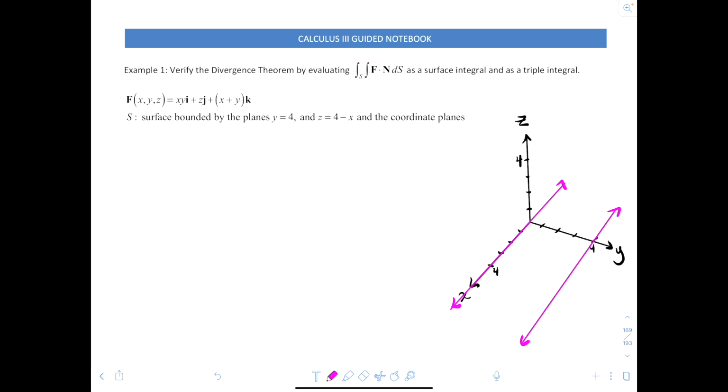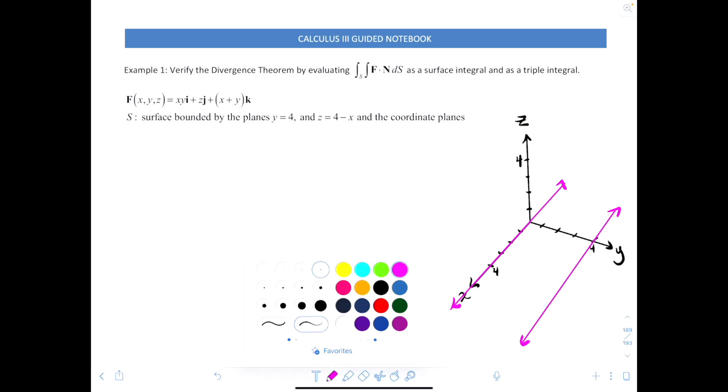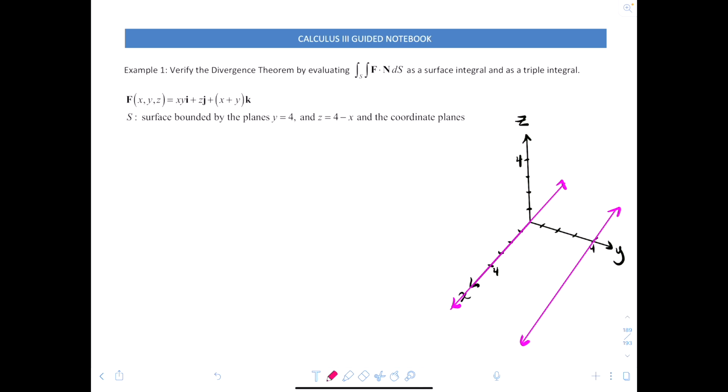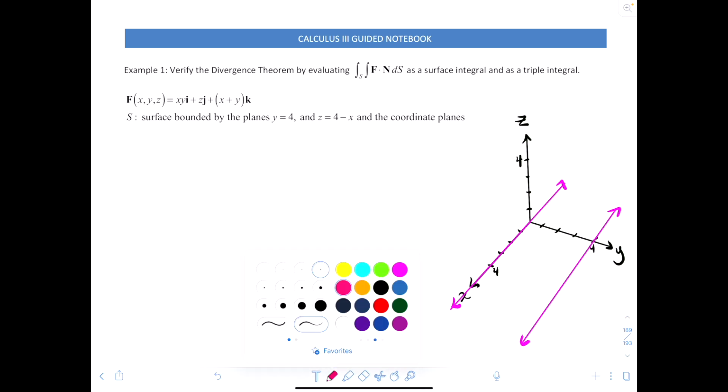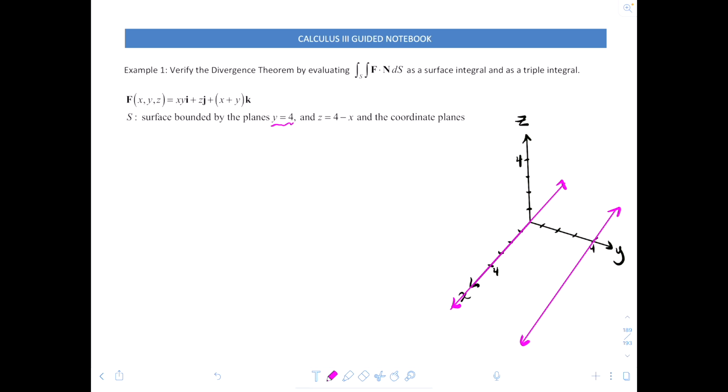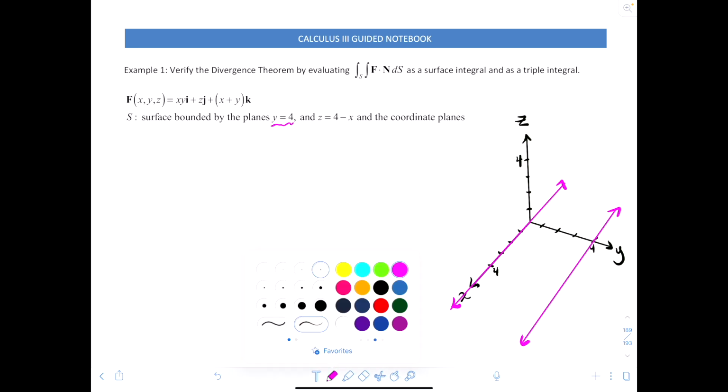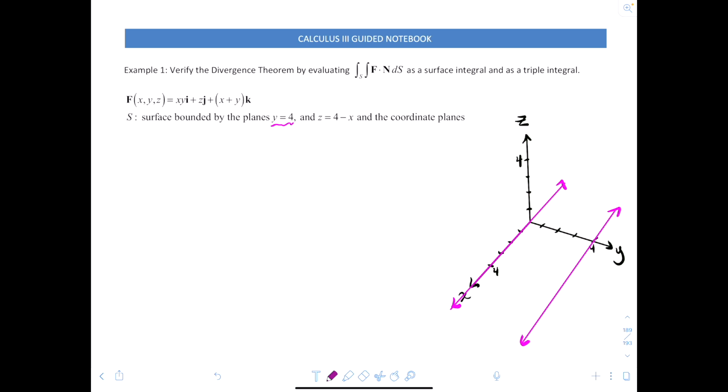And so for our other one, that one we were working with was y is 4. So if z is 4 minus x, what's going to happen is y can vary, since it's not pictured there. So we'll bound that at y is 4. And so if we do this line here, if x is 0, z is 4.